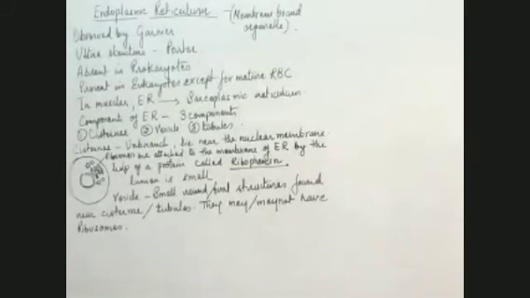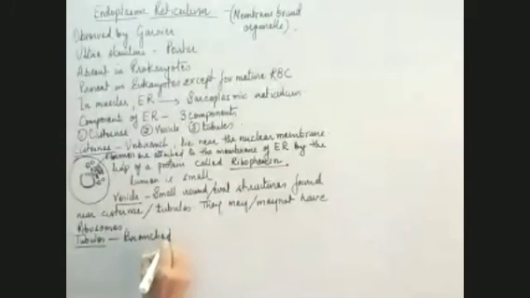Now, the third structure is known as tubules. Vesicles, cisternae, and this one is the third one, tubules. Tubules are branched.